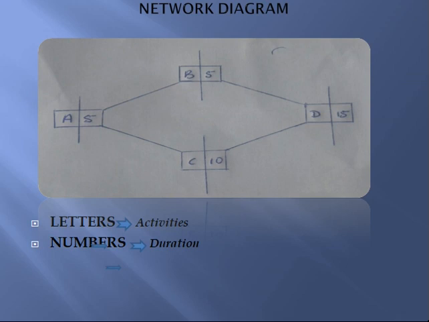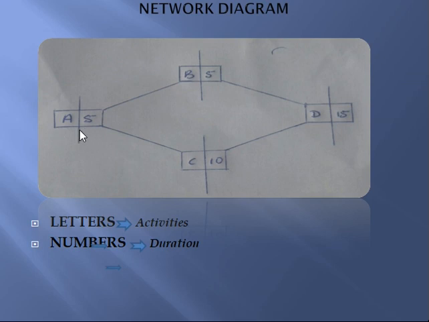And I told you that the network diagram is a diagrammatic representation of the project activities, their duration and interdependency. Now here is a simplified diagram of this network diagram. You see in the diagram boxes that are interconnected. Each of these boxes is carrying an alphabet as well as numbers.